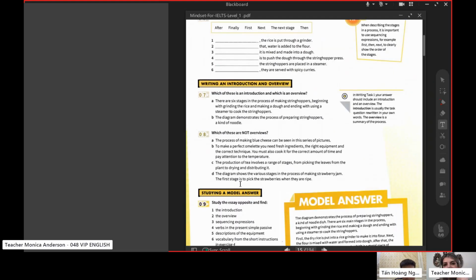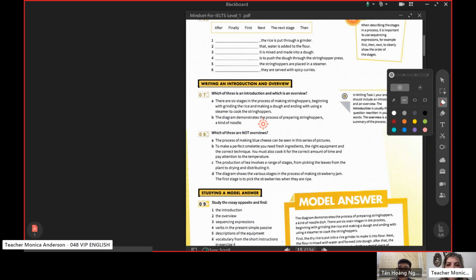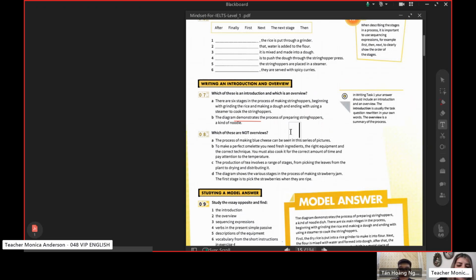The diagram demonstrates the process of preparing string hoppers, a kind of noodle. The introduction. Very good. And as you can see, we have demonstrate. Okay, so we can use some word like illustrate. So you can use demonstrate or illustrate.